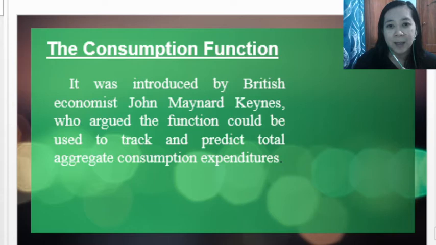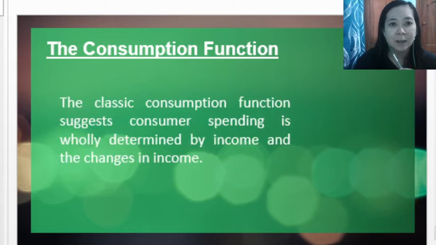The classic consumption function suggests that consumer spending is wholly determined by income and the changes in income. If we look into the situation, it is normal to say that the spending of an individual will eventually be based on the level of income that they are gaining.